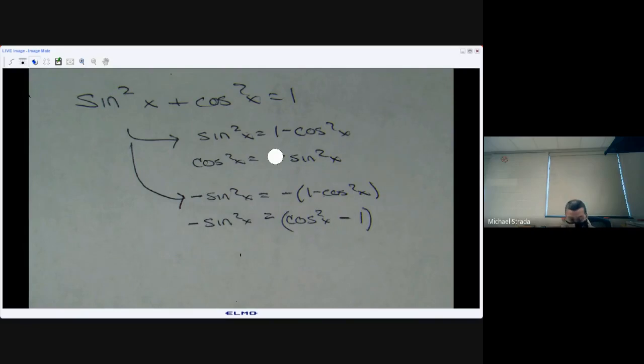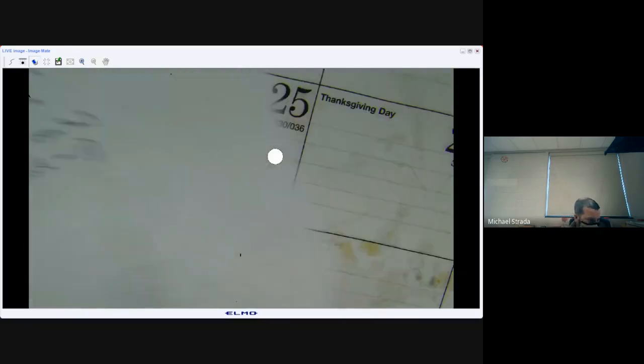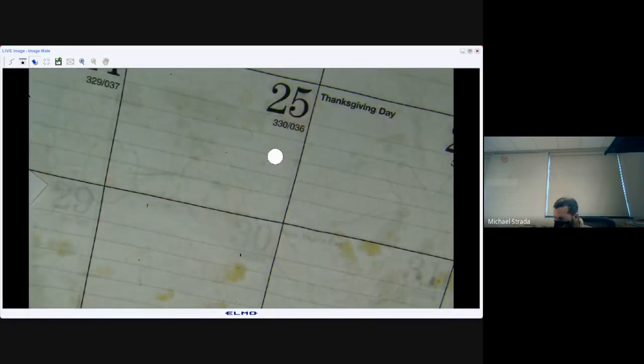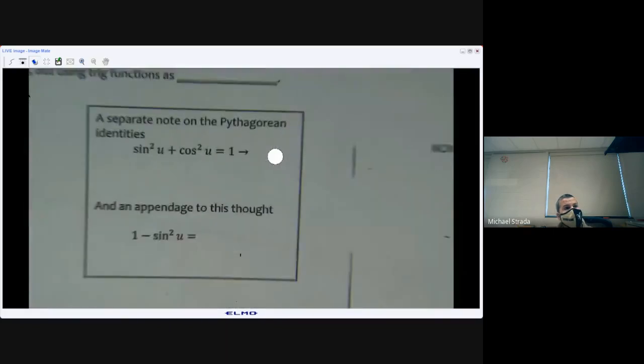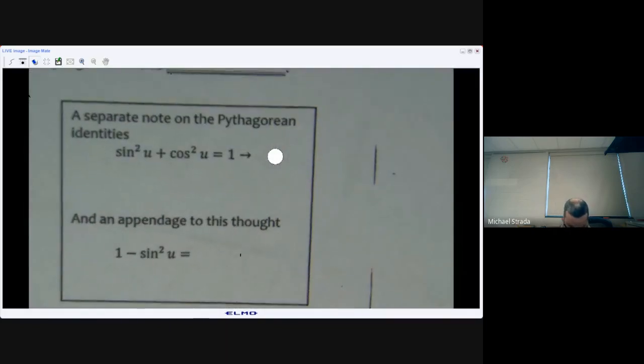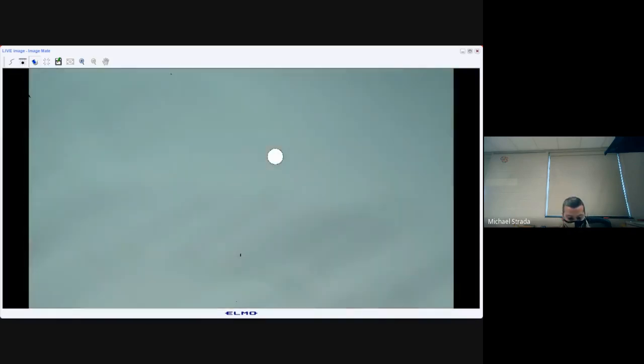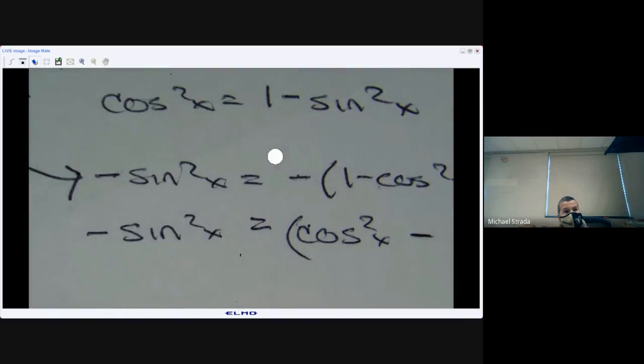So you can choose to do it two ways. You can either look at this and derive it from that, or you can memorize all these features about it. It's completely up to you.